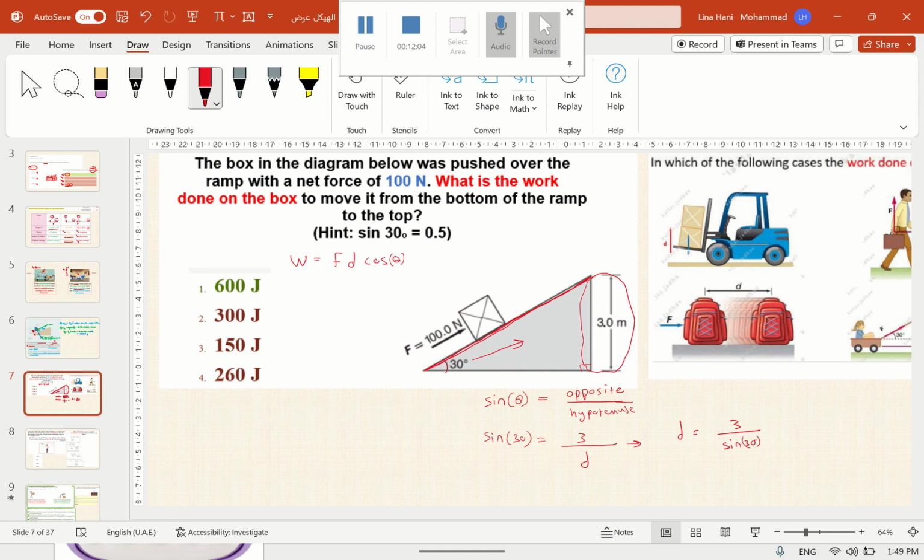Or you can use the shift solve on the calculator to find d. So 3 divided by sine 30, which is given to be 0.5. 3 over half, or 3 over 0.5, gives you 6. So 3 over half is 3 times 2, which is 6.